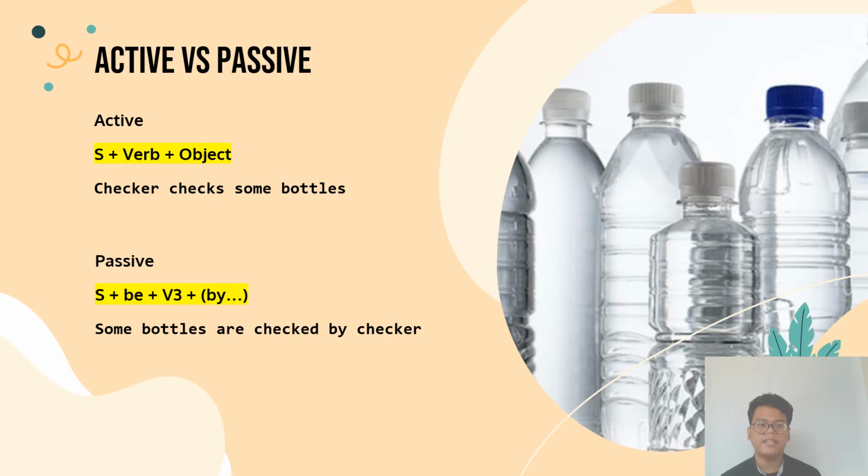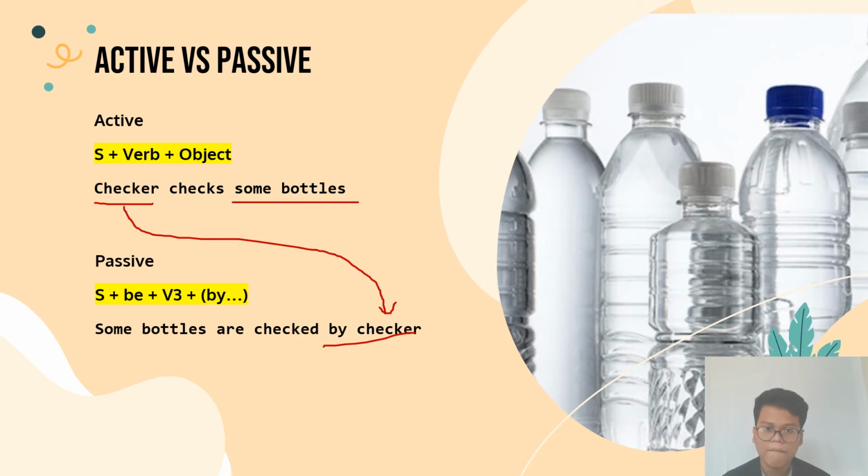Checker checks some bottles. In the passive, some bottles are checked by checker. Checker goes to the back of the passive sentence, by checker, and some bottles becomes the subject in the passive voice.